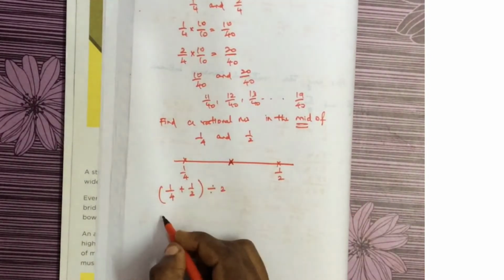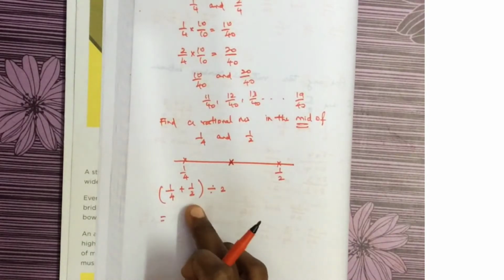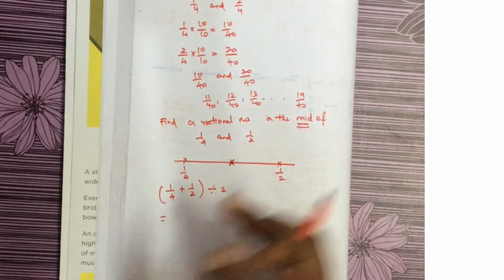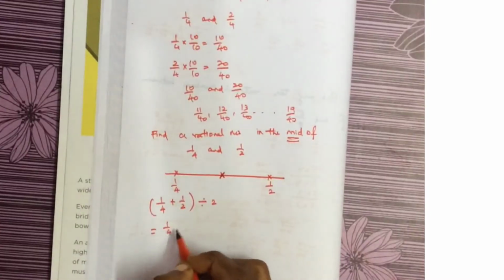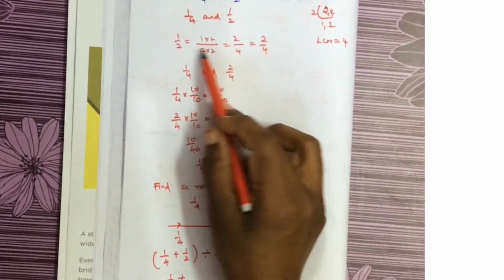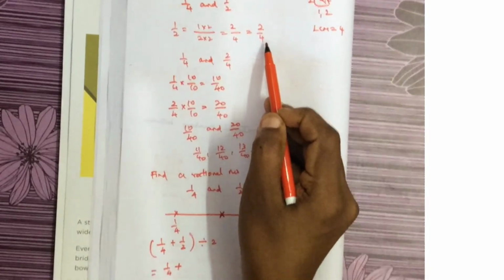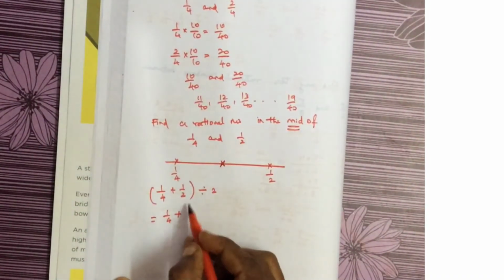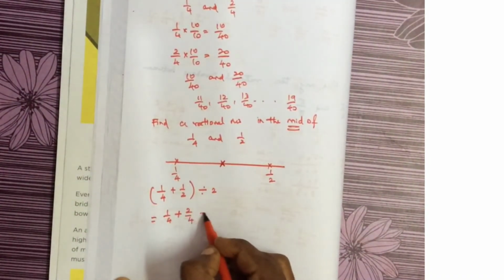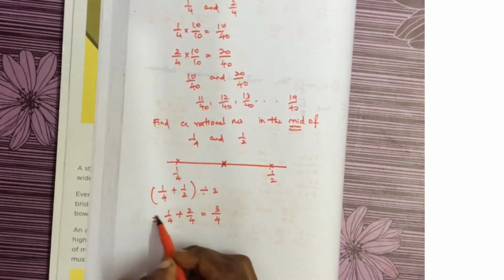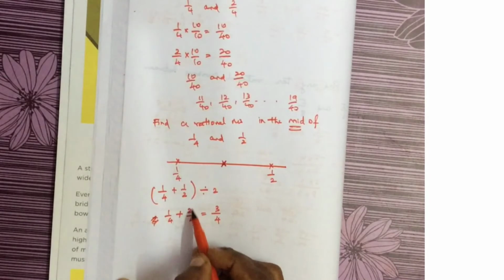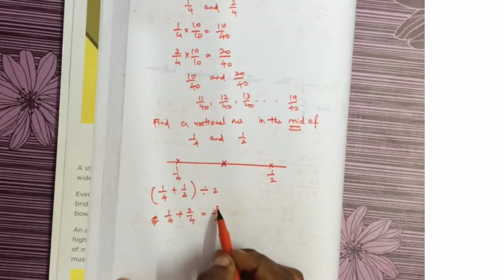So if you want to add this, the denominator should be same. We already have LCM here. This 1 by 2 can be represented as 2 by 4. This is 1 by 4 plus 2 by 4, which is 3 by 4.